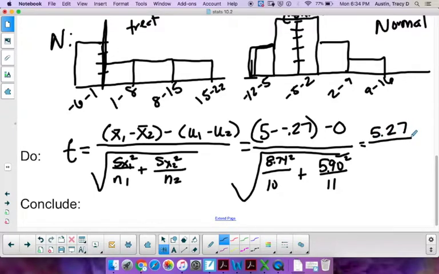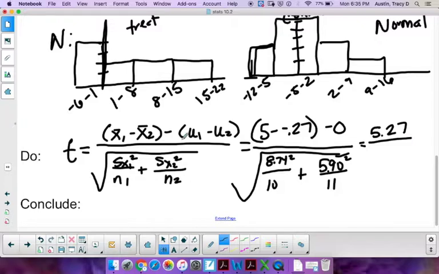All right, square root of 8.74 squared over 10 plus, don't forget that you are always adding your standard deviations together, never subtracting, 5.90 squared over 11.